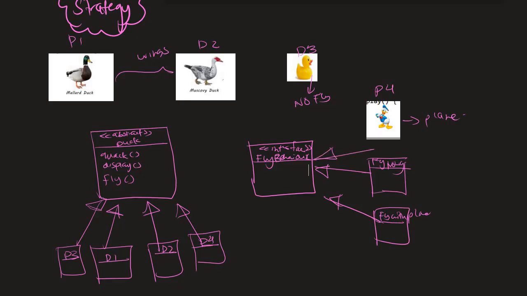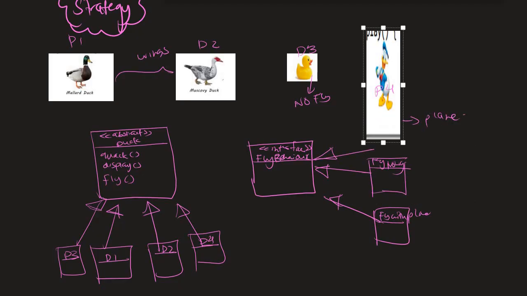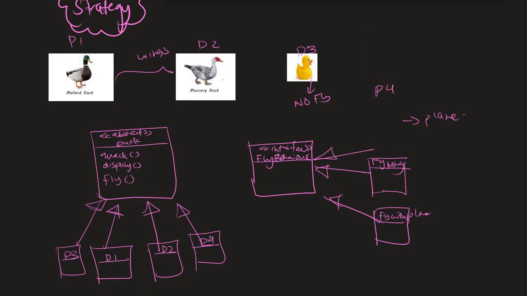Let me move that above. Sorry. So here we have another class. What was the name of this one? Fly no way, fly with plane. And the next one is going to be fly with wings. So we have 3 classes, and here we can call our fly method.